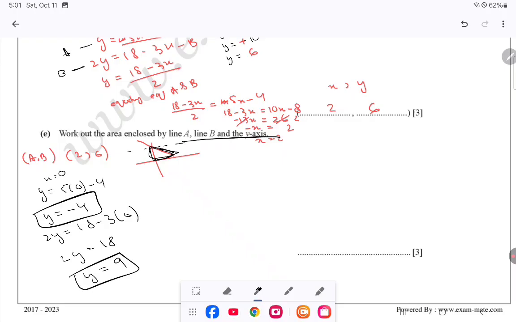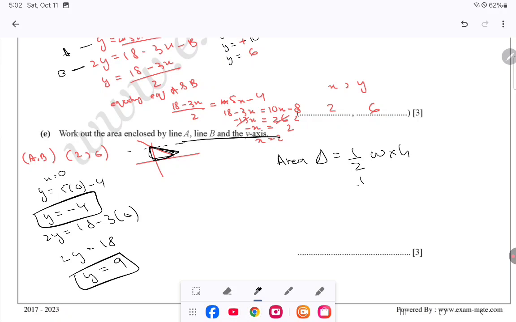For the triangle, we have the formula given. Area of triangle is equal to half width multiplied by height. Height will be along our y-axis, and width along our x-axis.